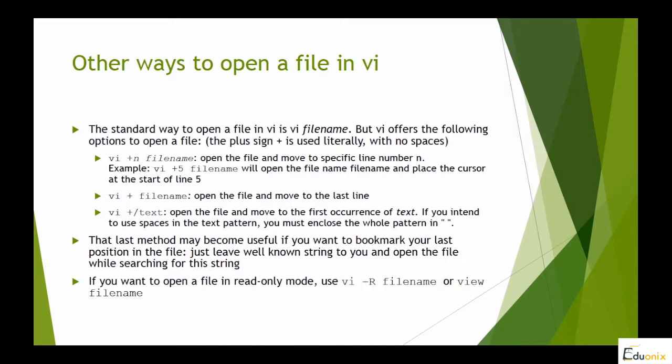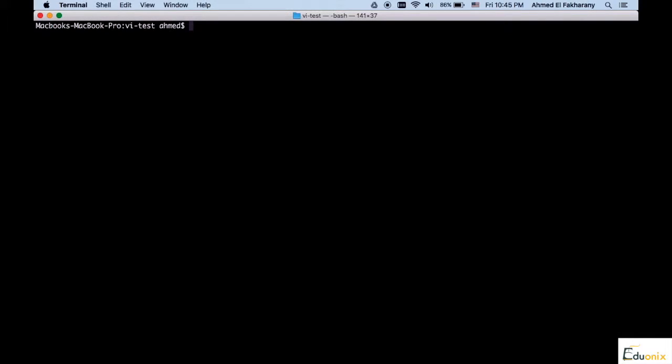But what if we want to open a file and move to a specific line just after we open the file? The debugger or whatever code editor you're using told you that you have an error in your HTML file, and this error is located in line number 5. So the normal way of doing things would be vi index.html.